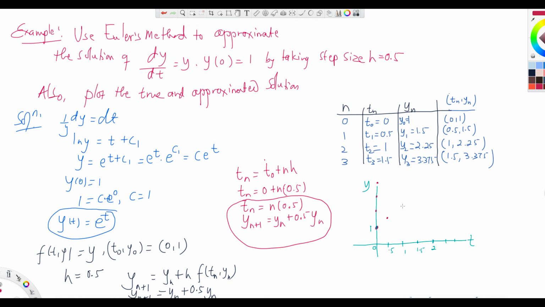Next, when t equals 1, e is 2.72, somewhere here.